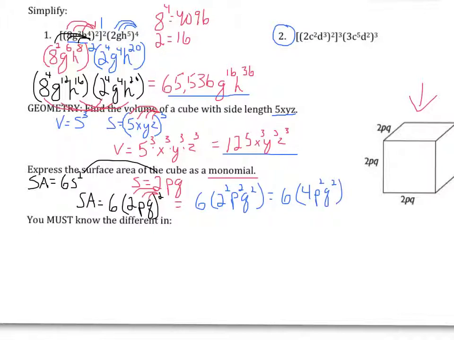And for our final answer, we're going to multiply the 6 and the 4 to give us 24p squared q squared. And that is our final answer for that problem.